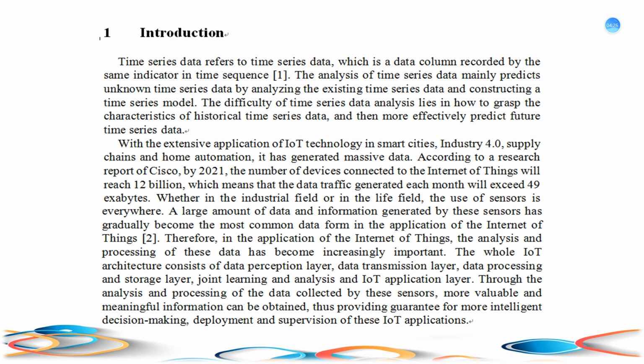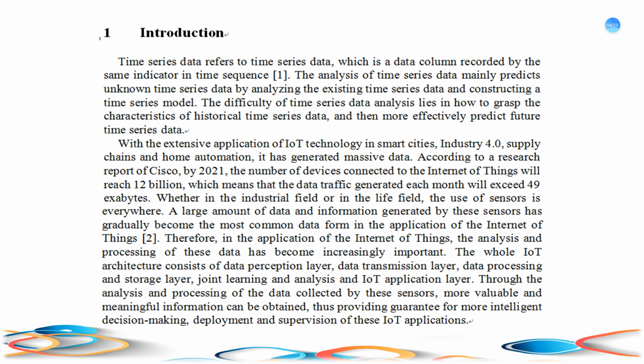Therefore, in the application of the Internet of Things, the analysis and processing of this data has become increasingly important. The whole IoT architecture consists of data perception layer, data transmission layer, data processing and storage layer, and joint learning and analysis of the IoT application layer.